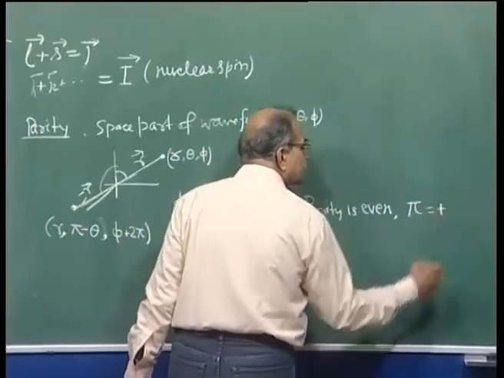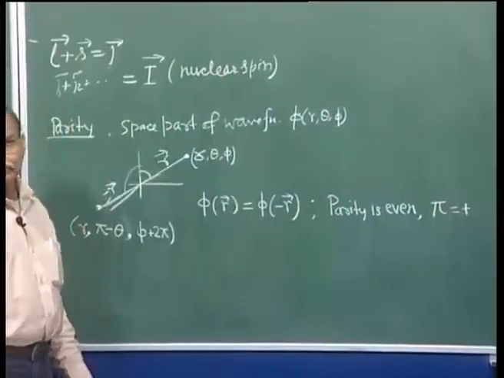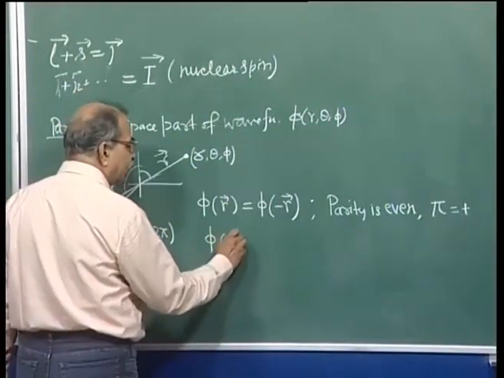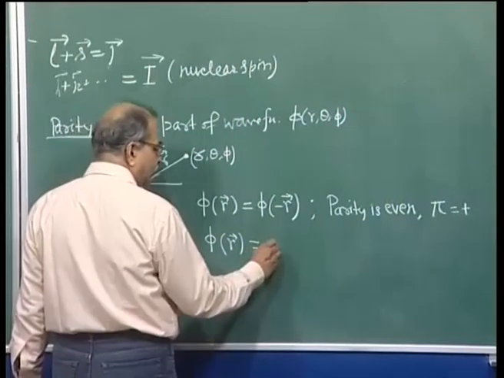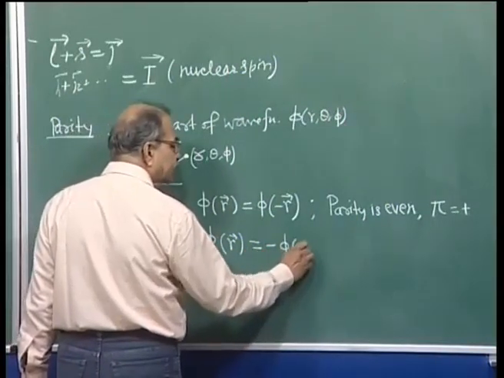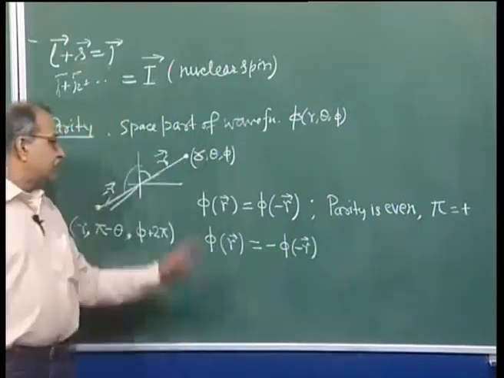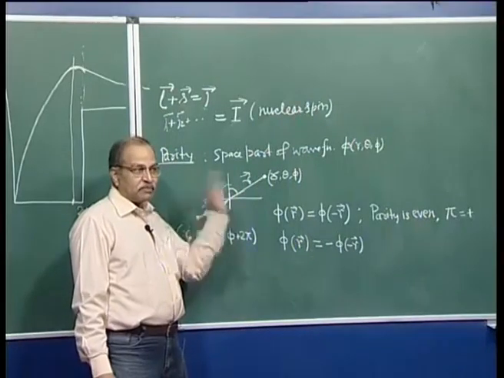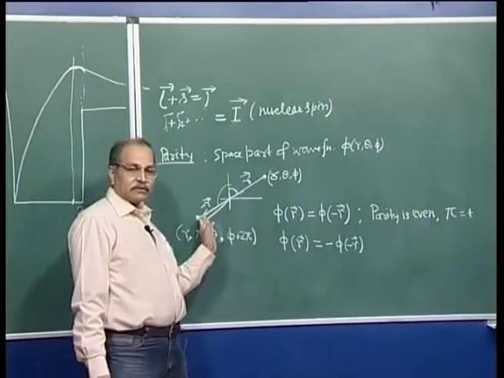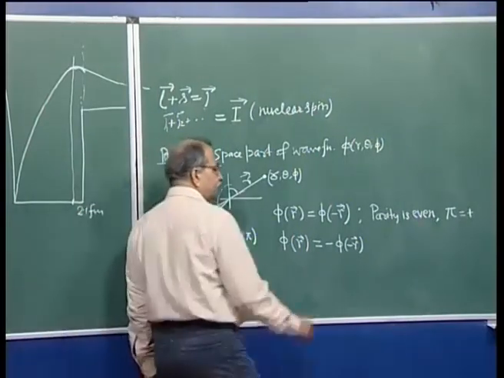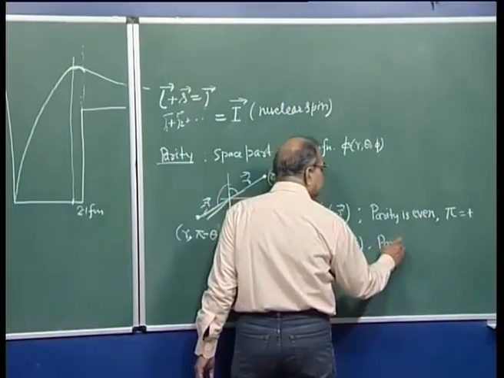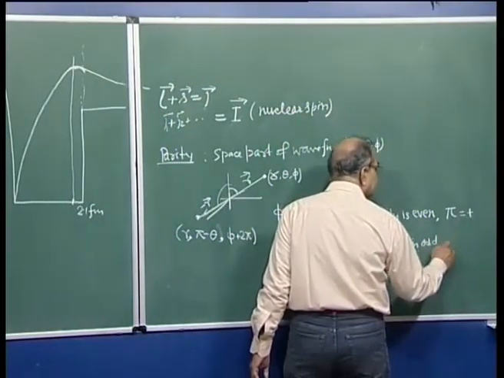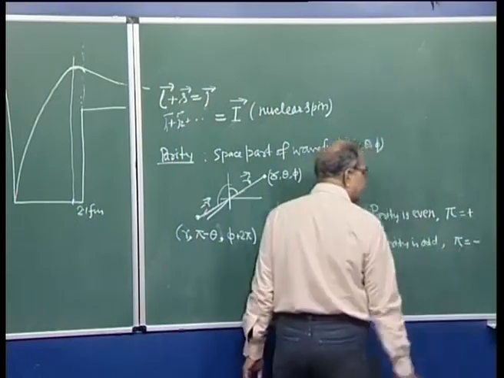So, pi is positive, plus. And if this space part phi of r is equal to minus of phi at minus r, the wave function here and the wave function here are negative of each other, just multiply by minus 1 and you get the other wave function, then the parity is called odd. Parity is odd, and we write this as pi is negative, minus.